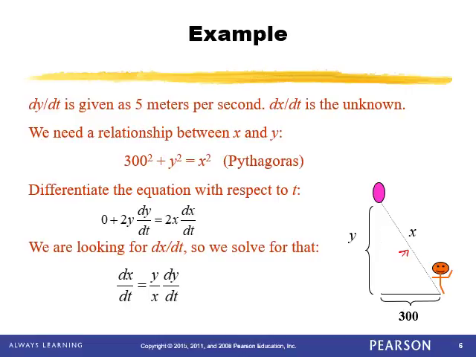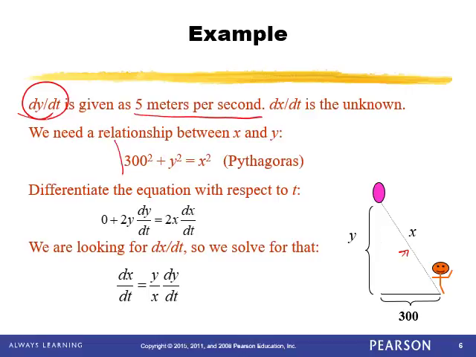We also know that the derivative of a position is the rate of change. And so we know that the balloon is rising at 5 meters per second. So dy/dt is 5 meters per second.